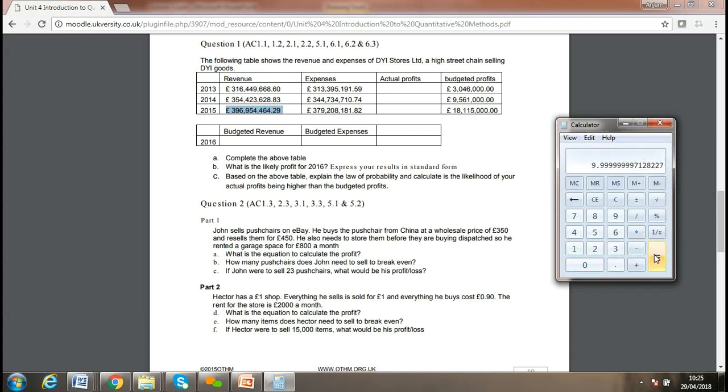Around 10%. Is it right? You can do your calculation as well. Sometimes this online calculator is a bit off. So that was the 10%.